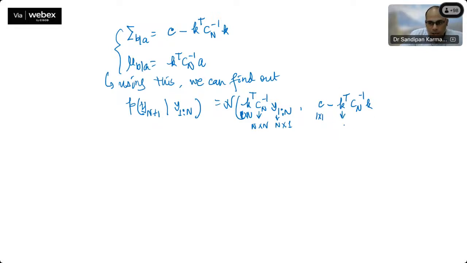This is 1 cross n, n cross n, and n cross 1, so this is also 1 cross 1.